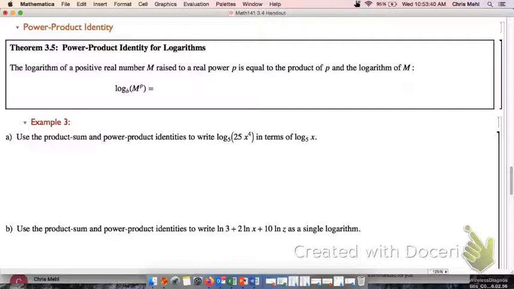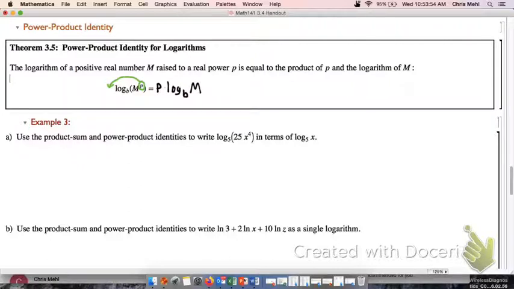And it says the logarithm of a positive real number M raised to a real power p is the product of p and the logarithm of M. So what this means, essentially, is that if I take log base b of an exponential expression, the power p can come out front, and this then becomes p times log base b of capital M.